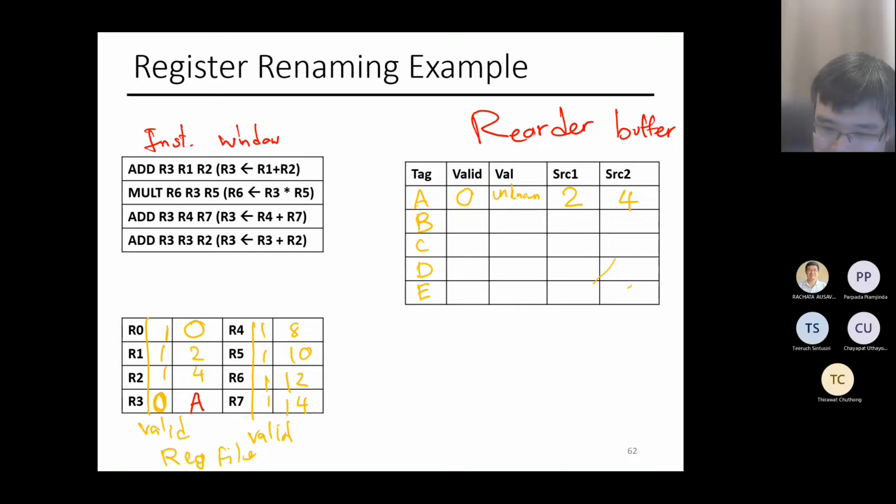Check entry A. So you put in source 1, check entry A. Source 2 is R5, which is 10.